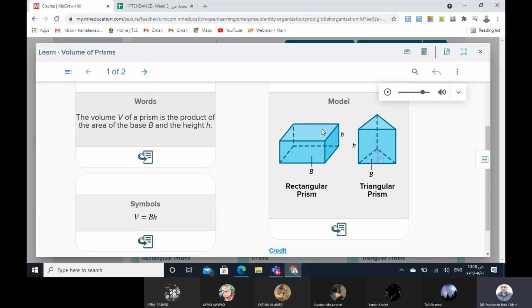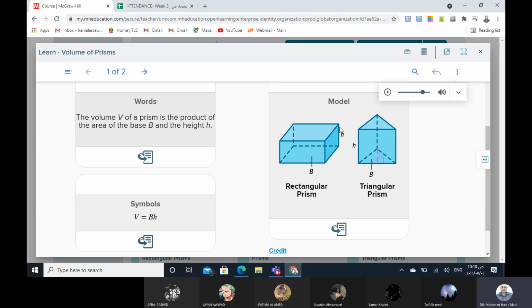As you see, here we have a rectangular prism and here we have a triangular prism. In the rectangular prism, at the bottom we have the base. The type of the base here is a rectangle, so the name of this prism is rectangular prism.